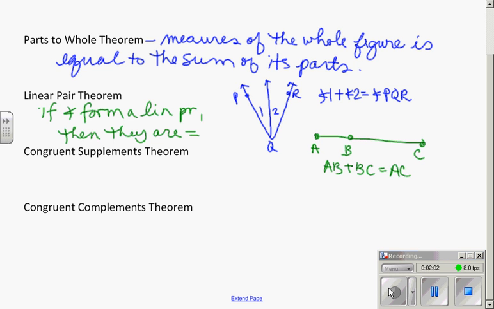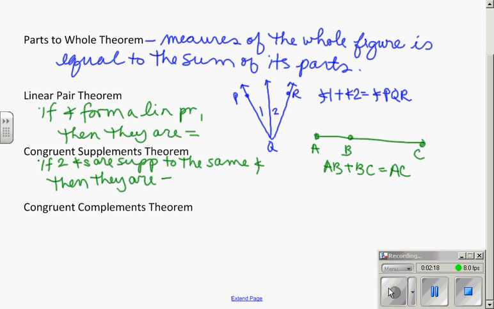Now, the congruent supplement theorem says if two angles are supplements to the same angle, then they are equal. And the congruent complements theorem says exactly the same thing.